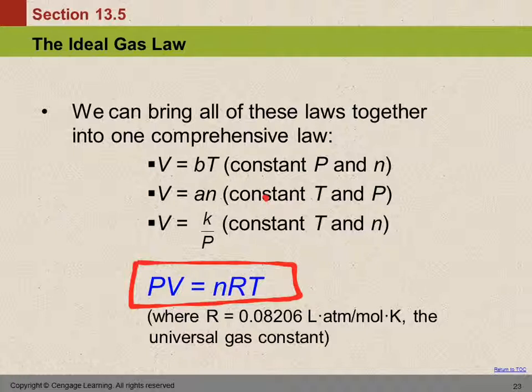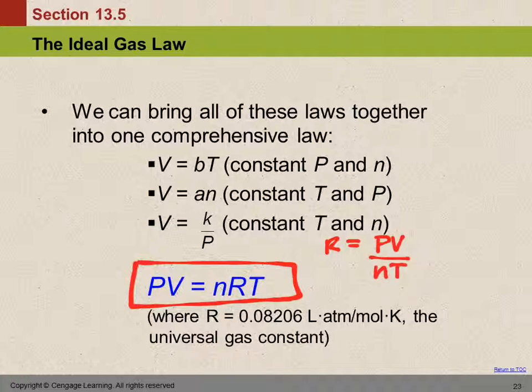Where do those crazy units come from? Well, if we take the ideal gas law and rearrange it to solve for R, R equals PV over nT.